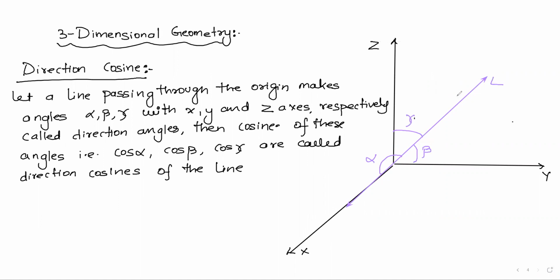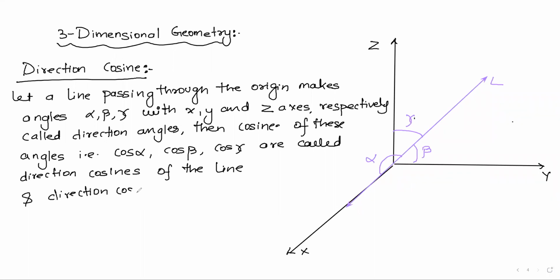So if a line is making an angle alpha, beta, gamma, then cos alpha, cos beta, cos gamma are called the direction cosines.